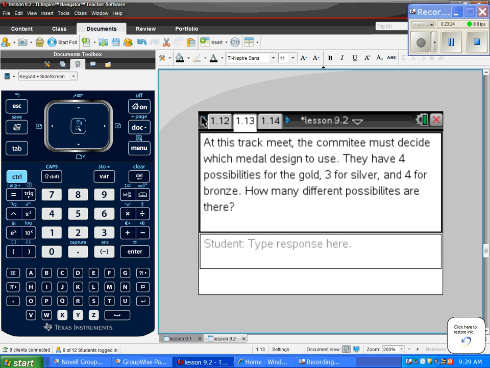I got a couple minutes left. Your homework for tonight is pages 3 through 5 in the packet. What I want everybody to do, you can finish it. You might have time to finish before you leave. Try to find number 5 on page 3 and number 4 on page 4.